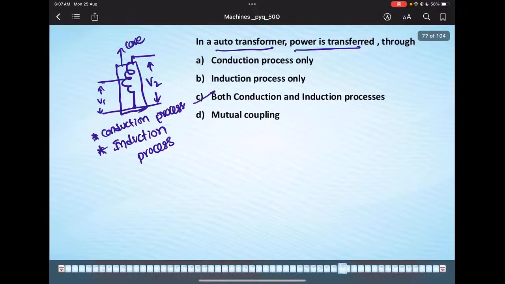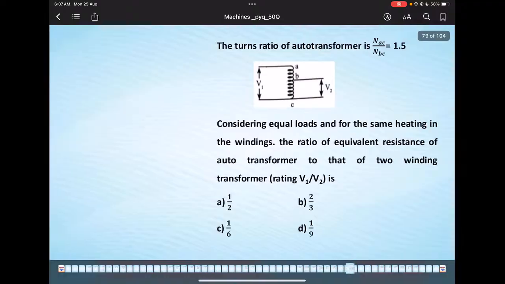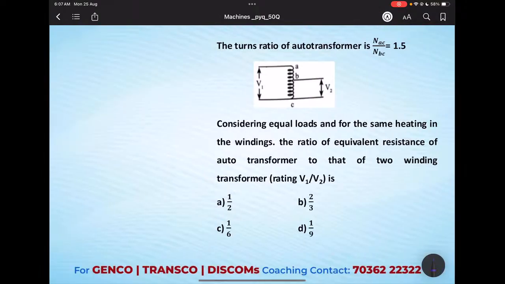Okay, let's move on to the next question. The question is about auto transformer. The turns ratio of the auto transformer is NAC by NBC equal to 1.5. Here they have shown one figure; let's take it as figure 1.